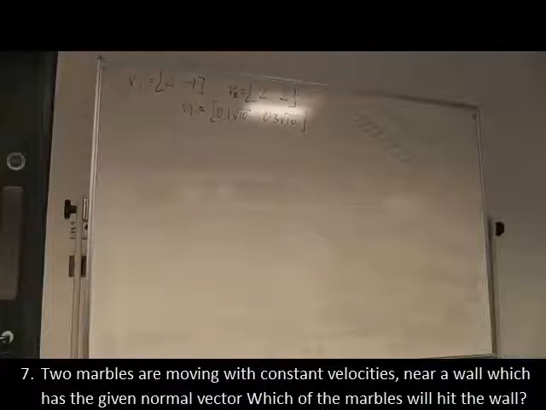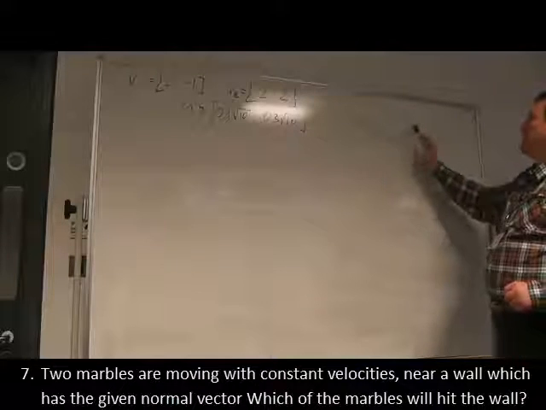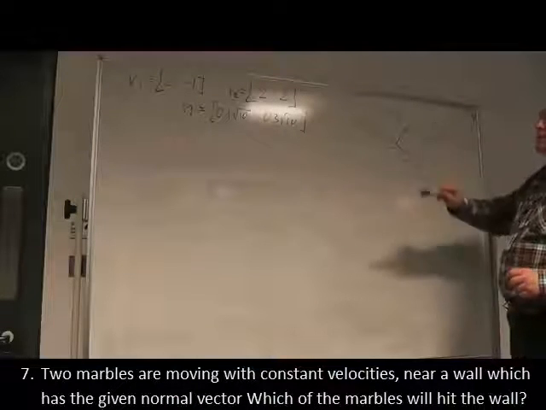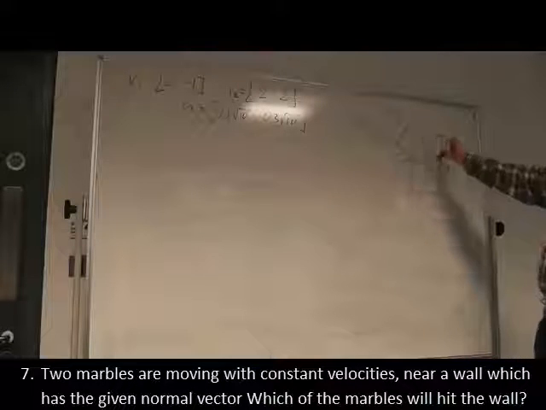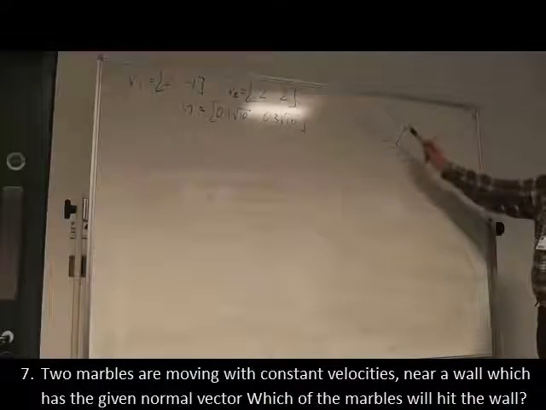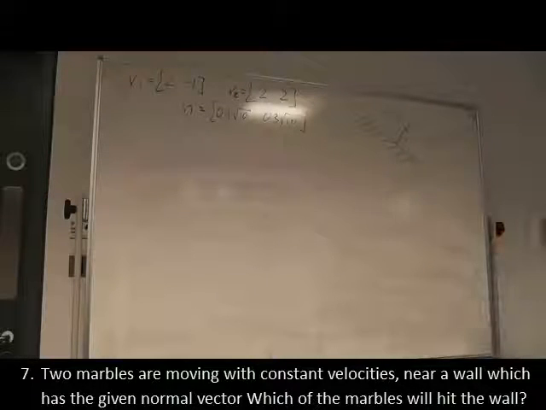In order to find out, we have to calculate the dot product of V1 and N and the dot product of V2 and N. V2 and N will probably give a positive dot product because apparently these two vectors are pointing in the same direction, but we don't know about these two.